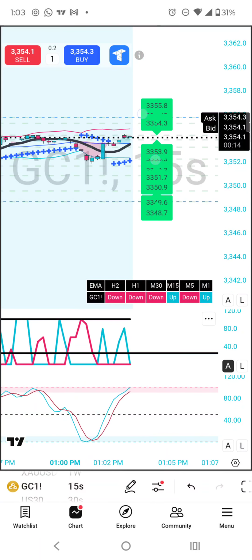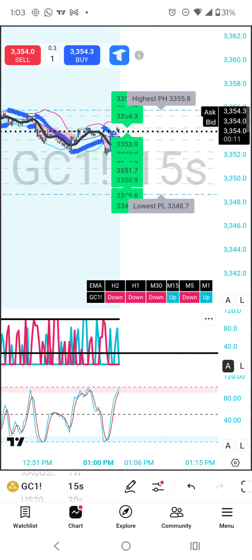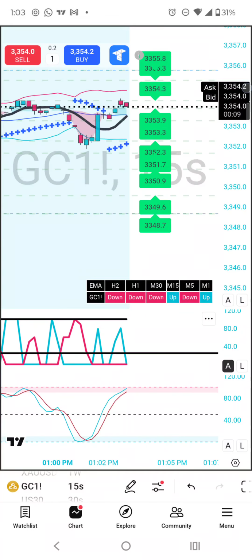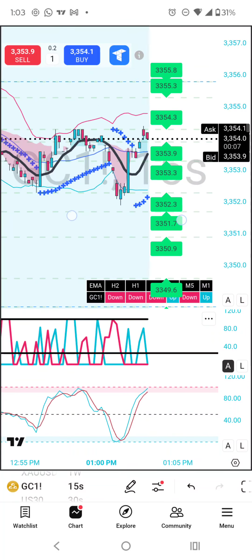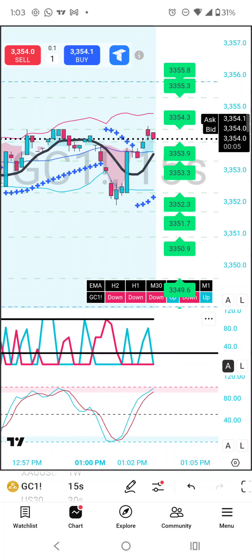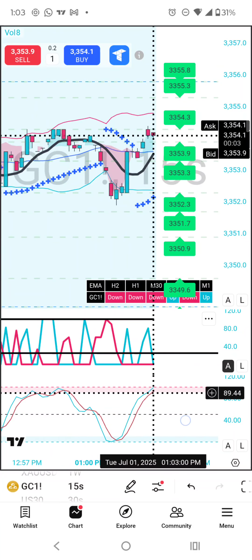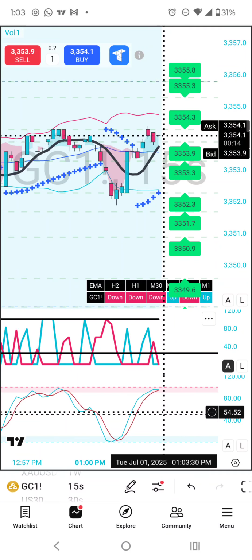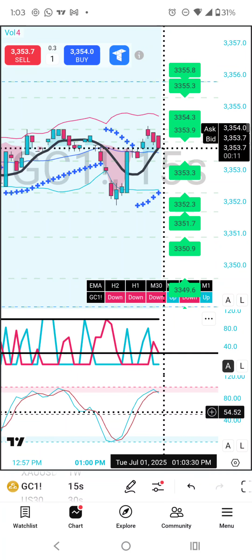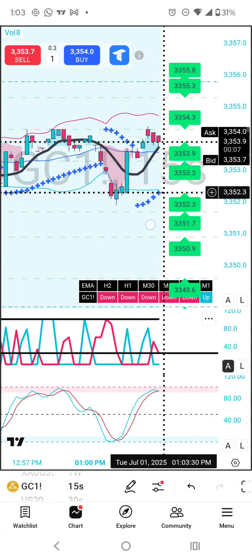Right? This is chop at this point, right? But when you get in here, I'm waiting for this to come up here and start to cross. I'm waiting for this to be a little bit closer.